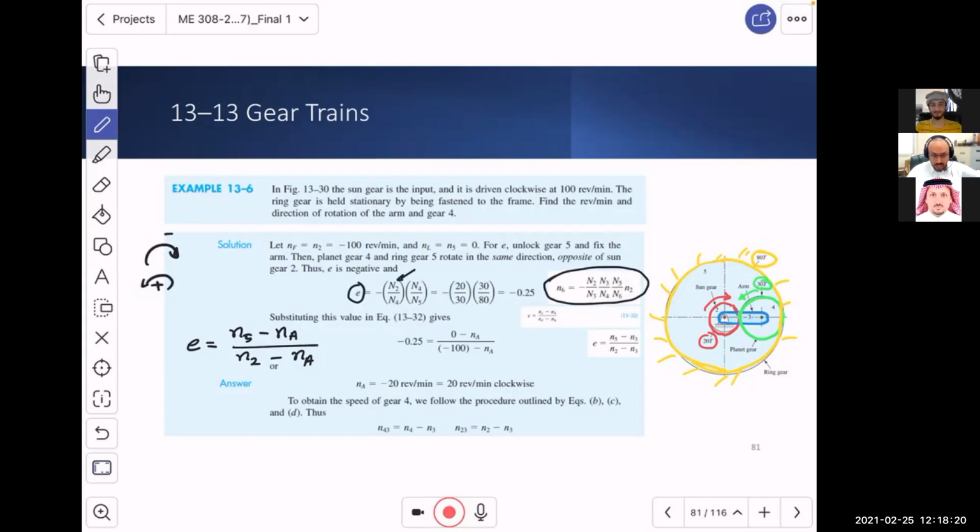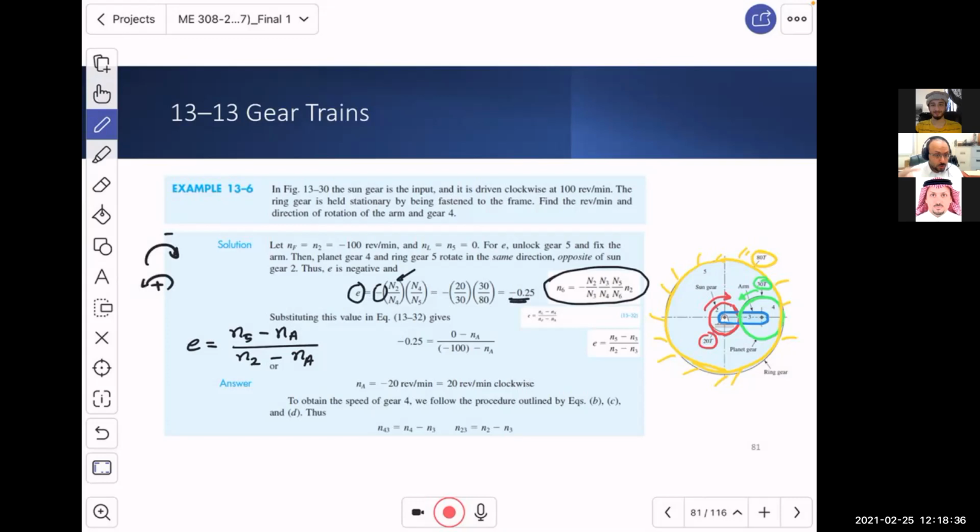There is no 3; 3 doesn't have teeth. And then 4 divided by 5. And there you go. You have the negative sign, which is going to give you minus 0.25.